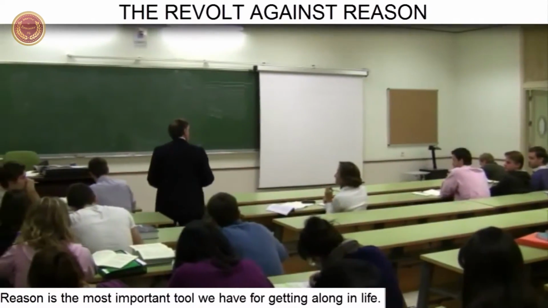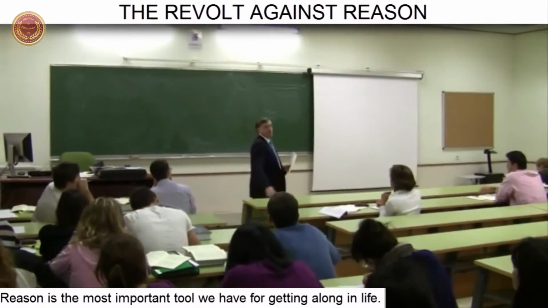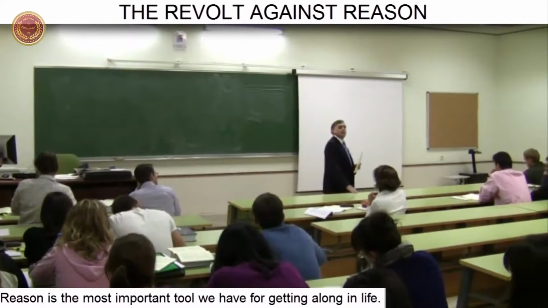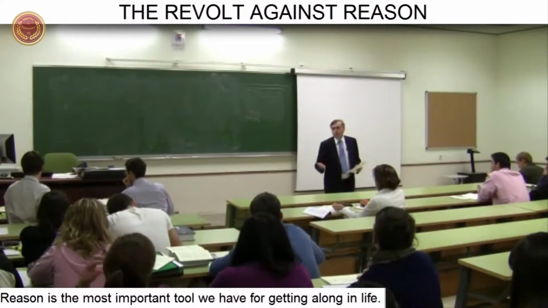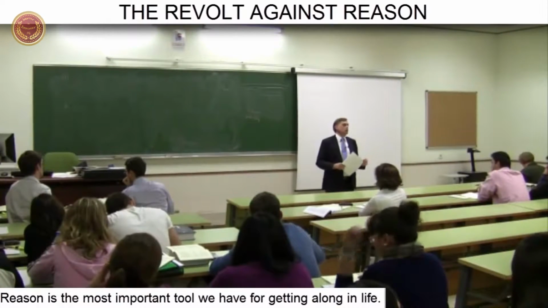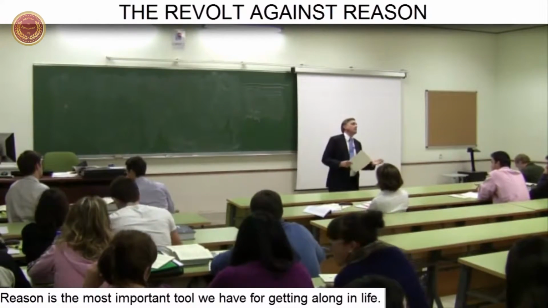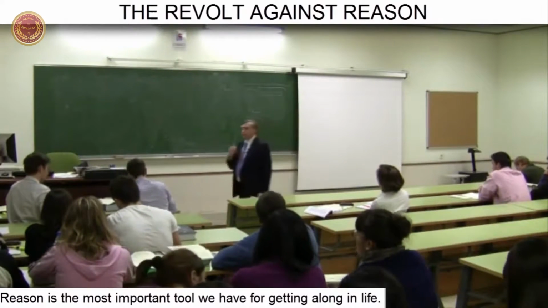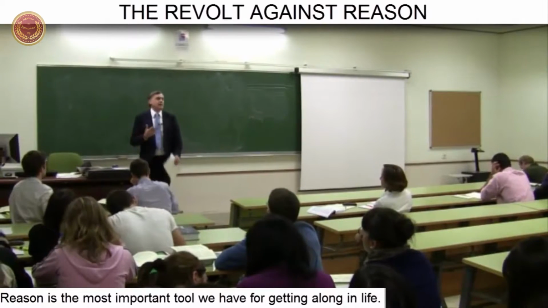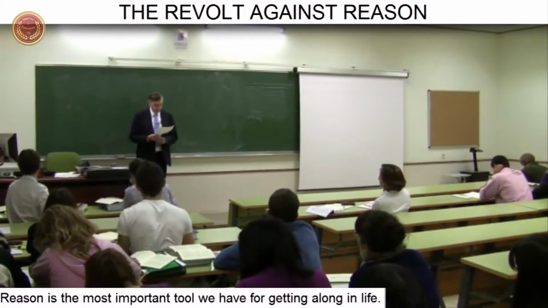I don't know if any of you has ever had a family member, maybe an elderly person with Alzheimer's disease. When we lose our intellectual abilities, we become totally helpless. We can no longer cope with the world around us. We become totally dependent. This illustrates better than anything else that the most important tool we have for getting along in life is human reason.